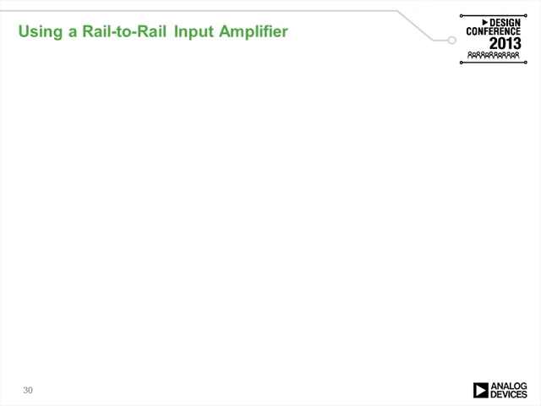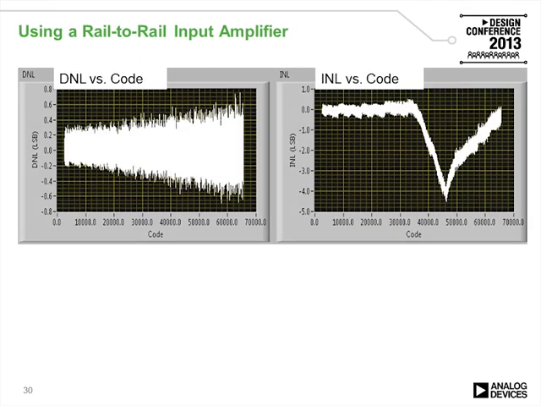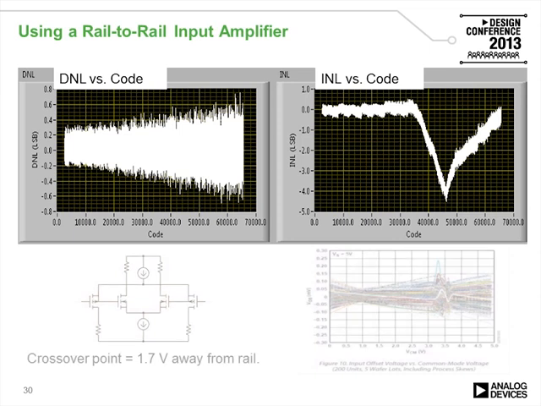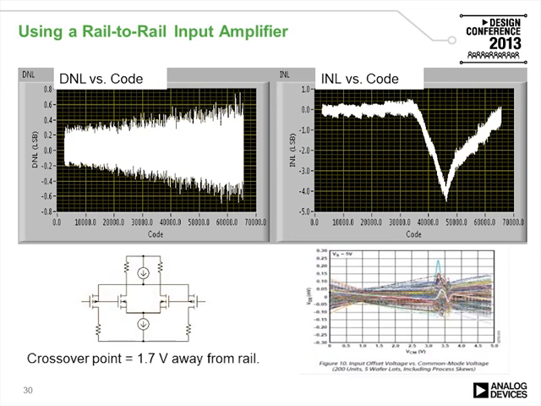Buffering the output of this digital to analog converter with a rail-to-rail input amplifier can create some linearity problems due to input crossover distortion. This is caused when the amplifier has two input stages.